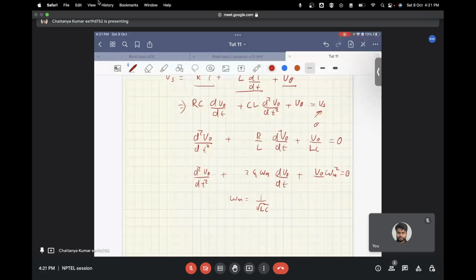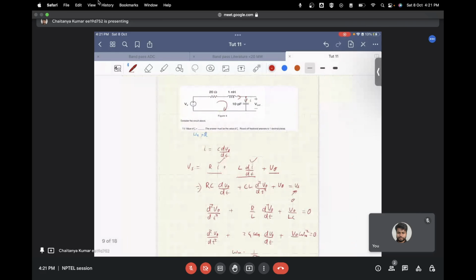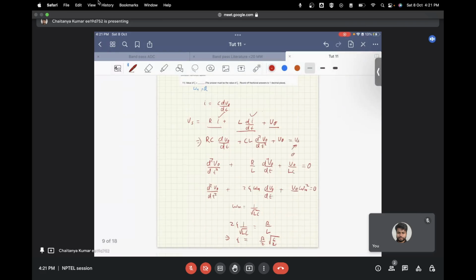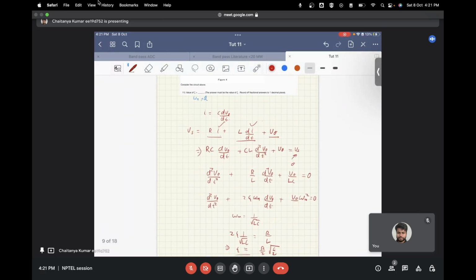And 2 zeta omega n, with omega n substituted as 1 by root LC, is equal to R by L. That means zeta is equal to R by 2 root C by L. So in this case, you observe that as the resistor increases, your damping increases and your quality factor reduces.